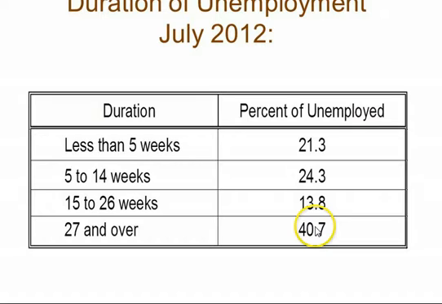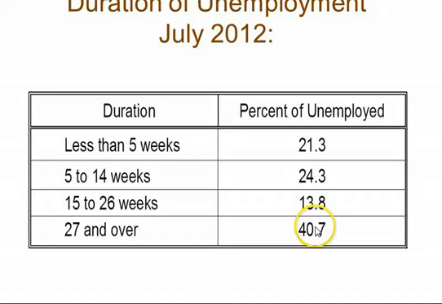And this also puts into perspective the need to lengthen the time people can collect unemployment benefits. Before that was extended, 6 months was the maximum time one could collect unemployment.